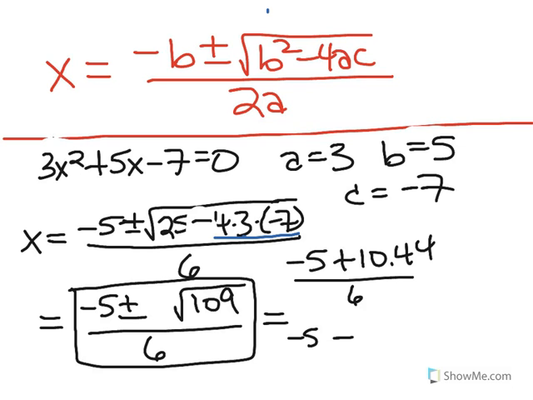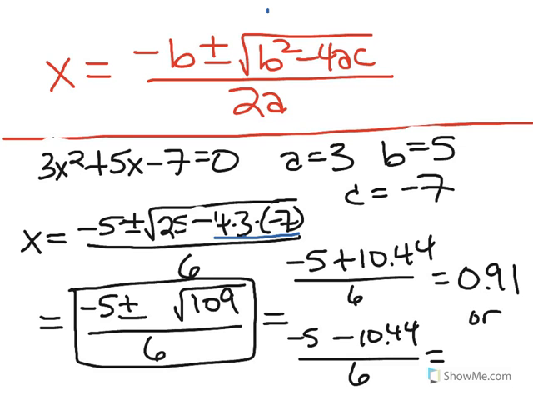To get the other one, we take negative 5 minus 10.44 and divide that by 6. For the addition option, the solution is approximately 0.91. For the subtraction option, the solution is approximately negative 2.57.